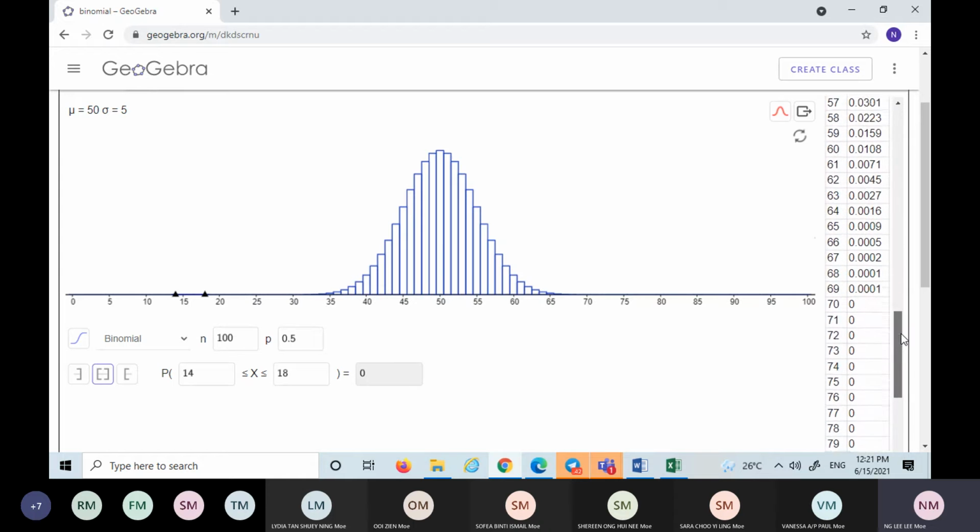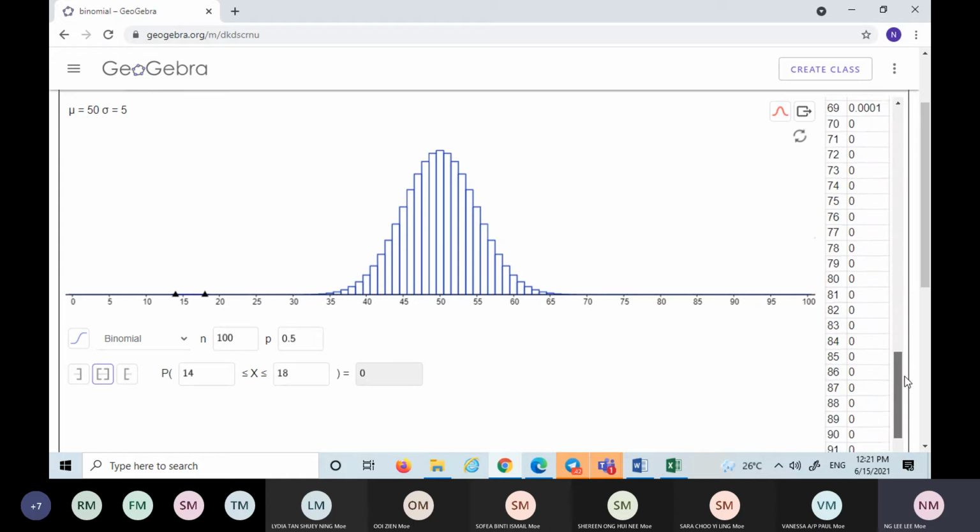After 69, from 70 to 100, all are 0. So this is why we say that we can estimate the binomial distribution with a big sample size using the normal distribution.